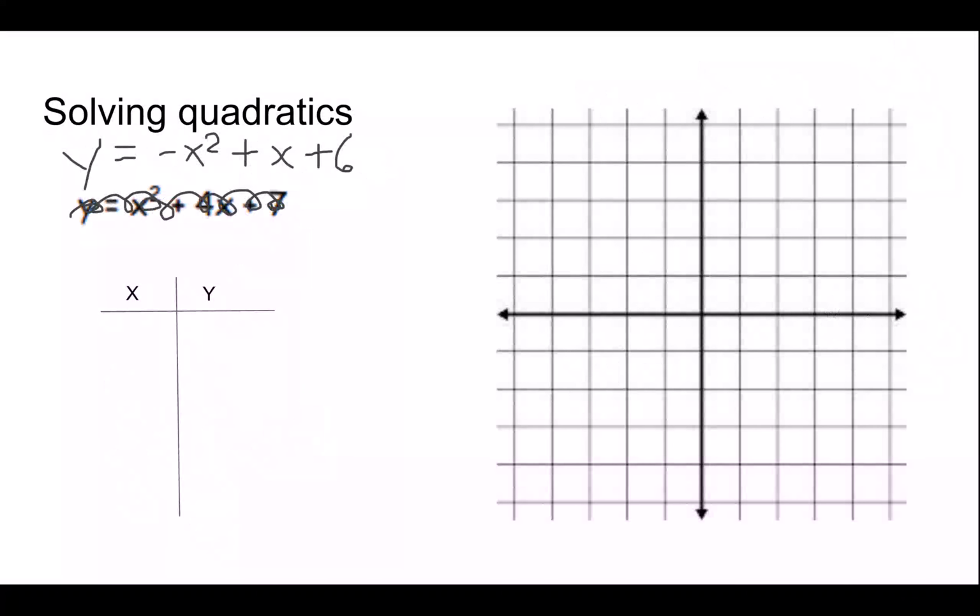If we tried to graph that, our points were 0.5, 1, and 0, and that was 6.25, 6, and 6. You'd see I'm a little off the graph, not too much, but a little off.